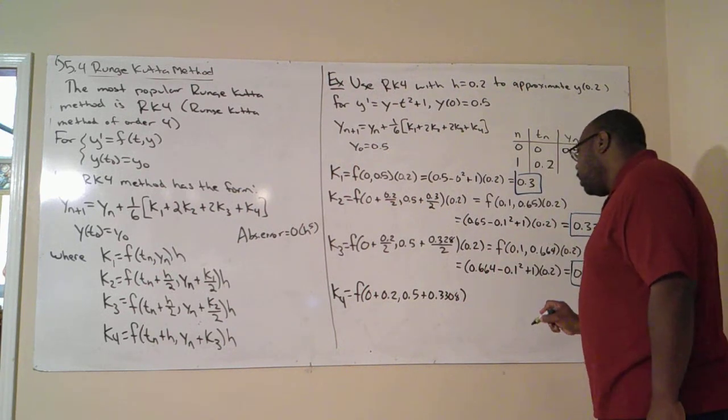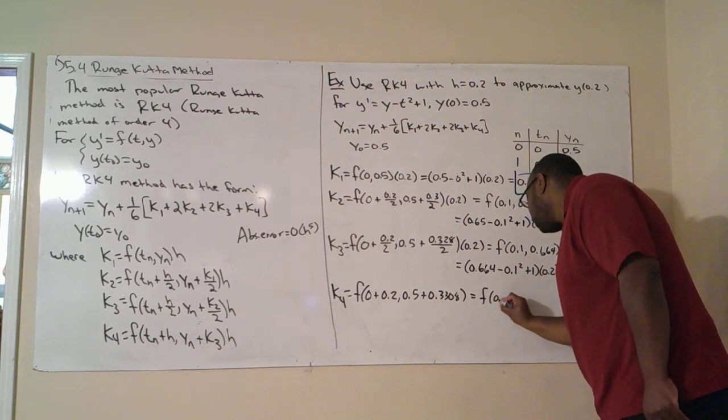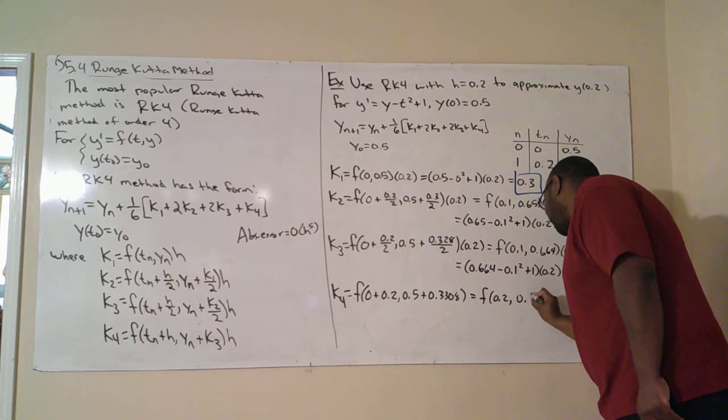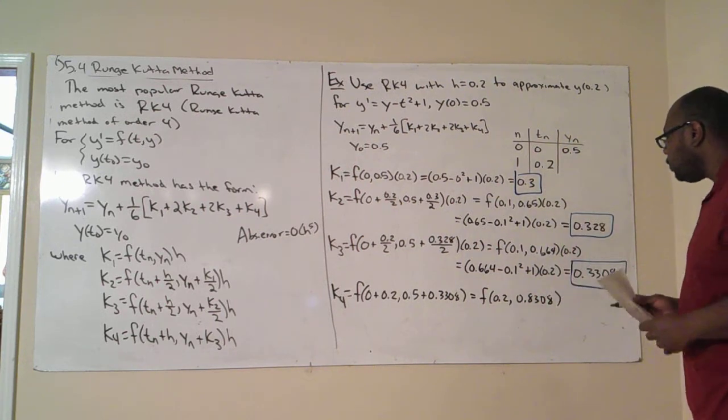So that becomes F of 0.2, comma, 0.8308.